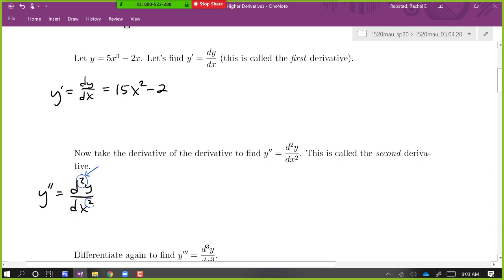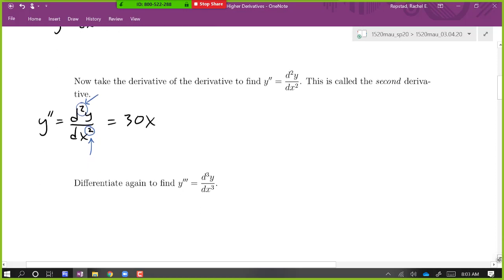The 2 superscript on the x down here means I've taken it with respect to x both times. If we take that derivative again, we're just taking the derivative of 15x squared minus 2. We use the power rule. We get 30x.